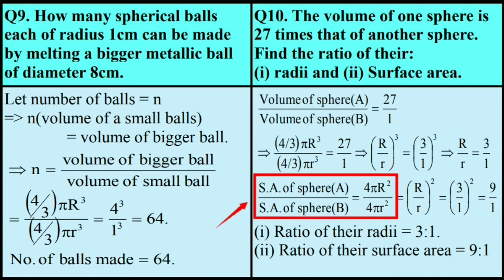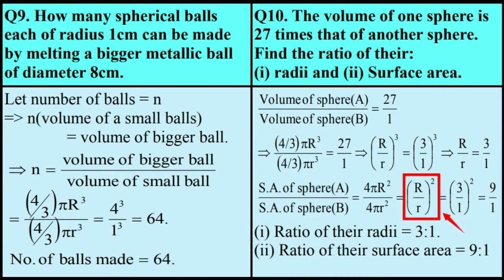Next is the ratio of their surface area. So, surface area of sphere A by surface area of sphere B is equal to 4 pi capital R square divided by 4 pi small r square. And the simplified expression obtained is capital R by small r whole square, that is equal to 3 by 1 whole square, because the value of capital R by small r is 3 by 1.